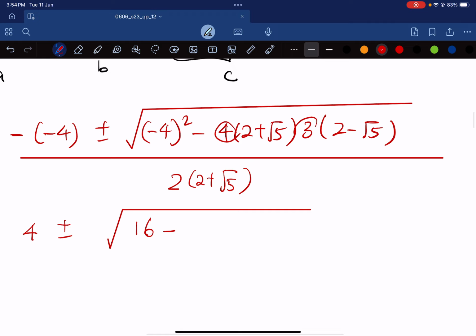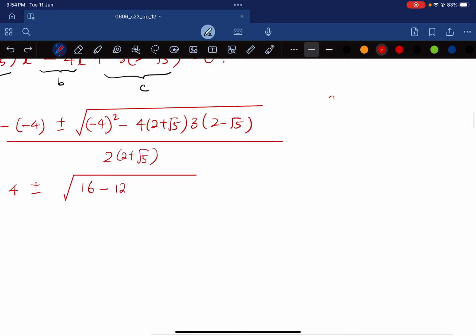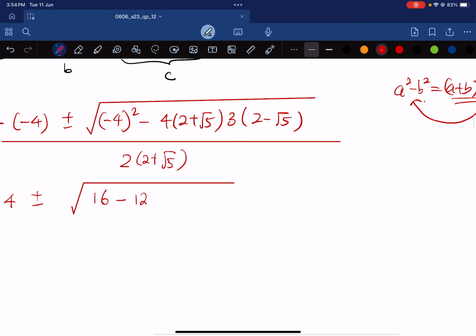This is 4 times 3, we have 12. (a plus b)(a minus b) is a squared minus b squared, so it would be a squared. a is 2, 2 squared is 4. 5 squared is 5.